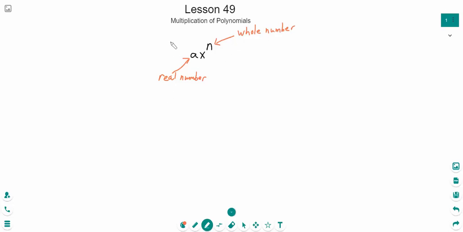So this is the form of a polynomial, and we could have polynomials being added to each other. So we could have a whole series of terms that look like this that are being summed together, and that would be called a polynomial as well.